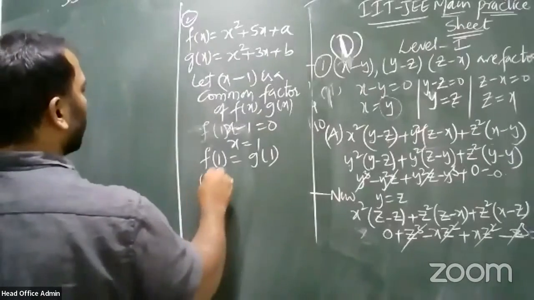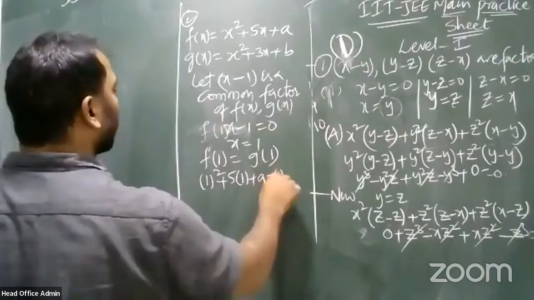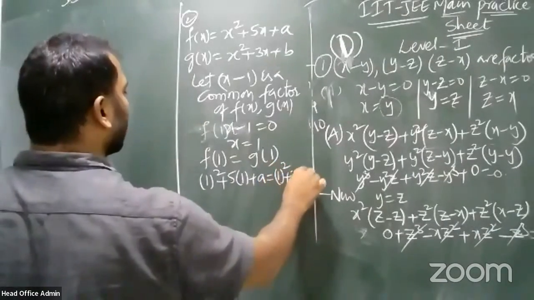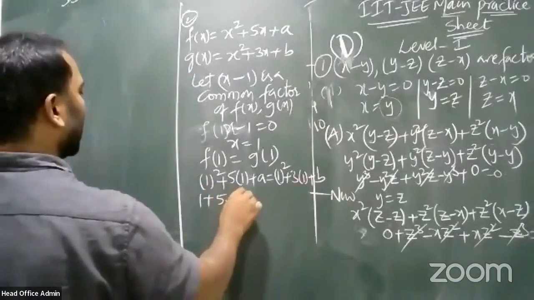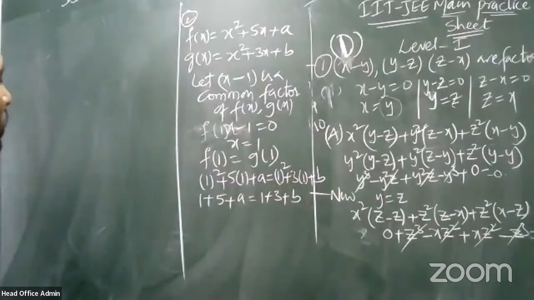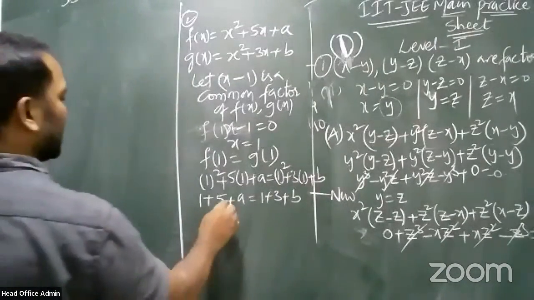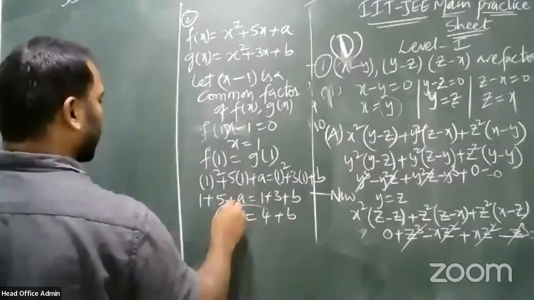So what happens? 1 square plus 5 into 1 plus a equals 1 square plus 3 into 1 plus b. Now 1 plus 5 plus a equals 1 plus 3 plus b. So 6 plus a equals 4 plus b.